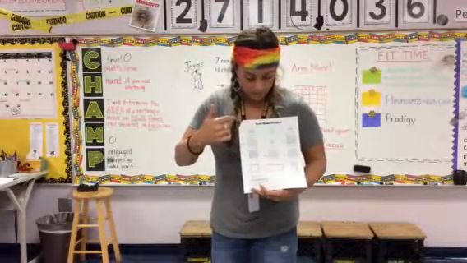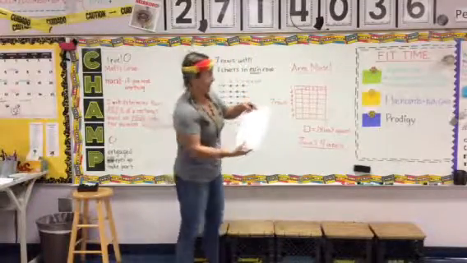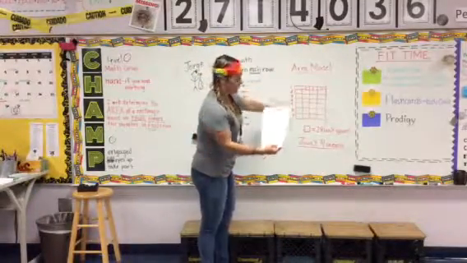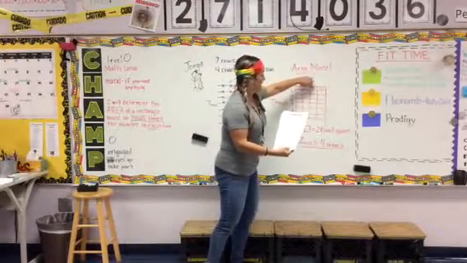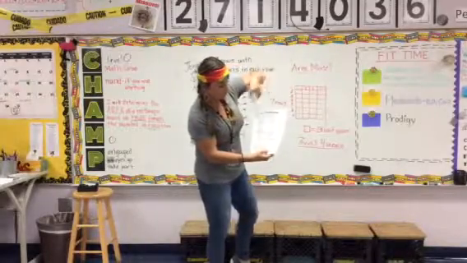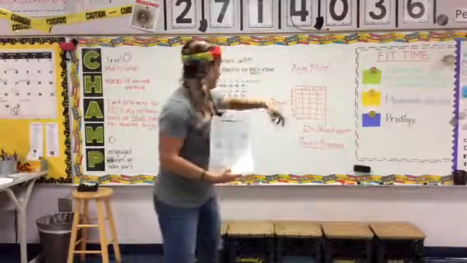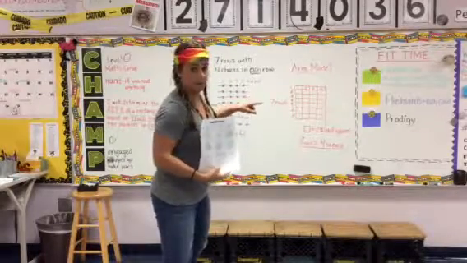I want it to look like this, okay? So rows on the side, and then how many are in each row, numbered, okay? So, same thing that you see on mine, all right? I might leave that up there.